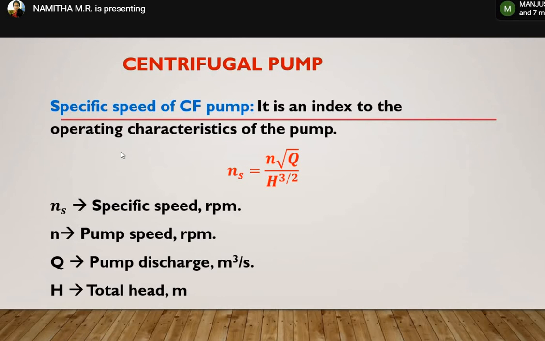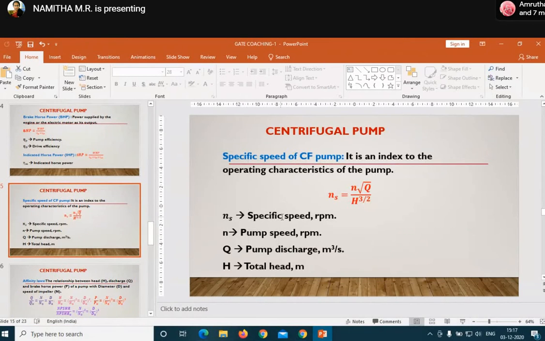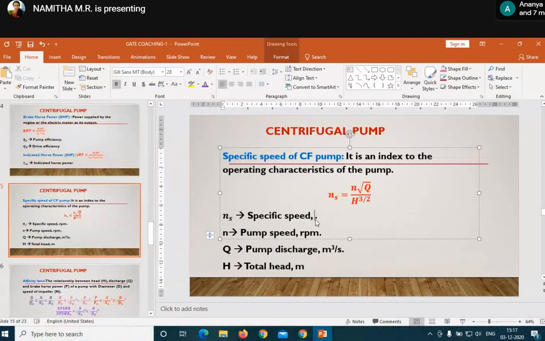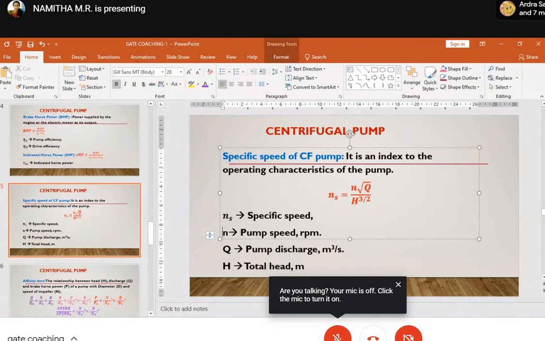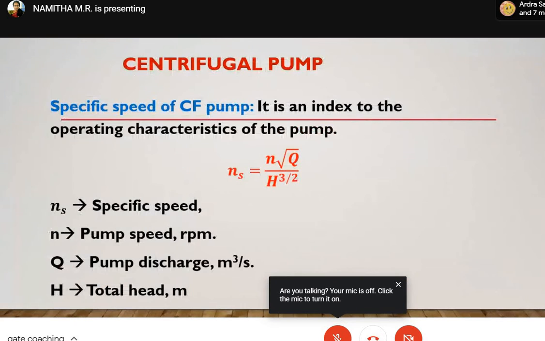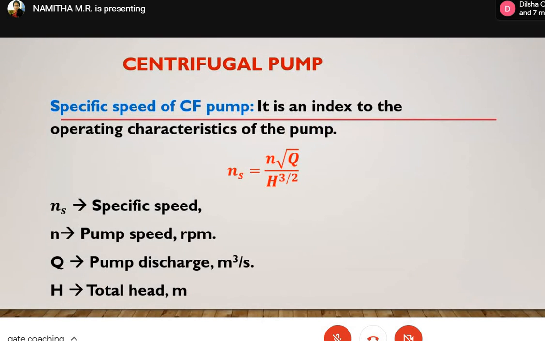Another important term you have to note down in the centrifugal pump is the specific speed of the centrifugal pump. It is actually an index. The specific speed has no dimensions. This specific speed is an index to the operating characteristics of the pump.